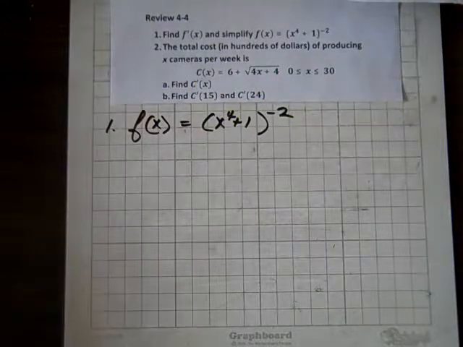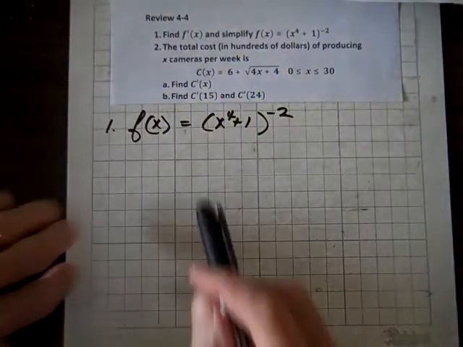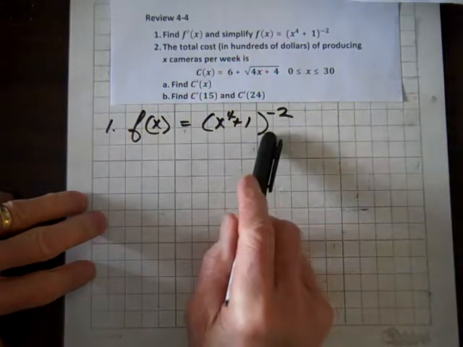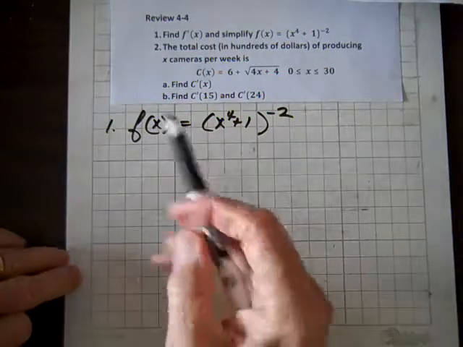Now we're doing the review for section 4-4, and the first question says find the derivative of this, and we'll be using the chain rule in the process of that.